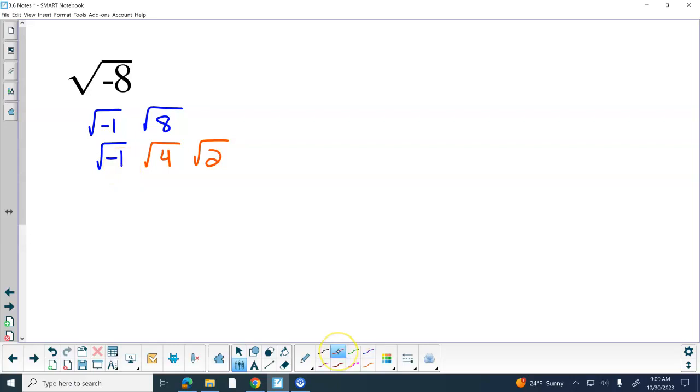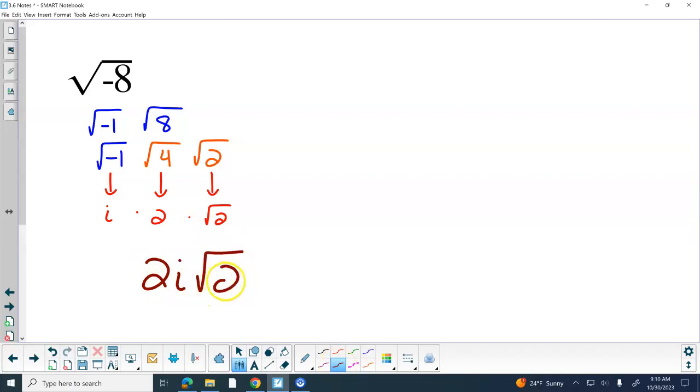So the square root of -1 is i, the square root of 4 is 2, and the square root of 2 is the square root of 2. And all of those are going to get multiplied together so that the square root of -8 is really 2i times the square root of 2. Number i radical. Okay?